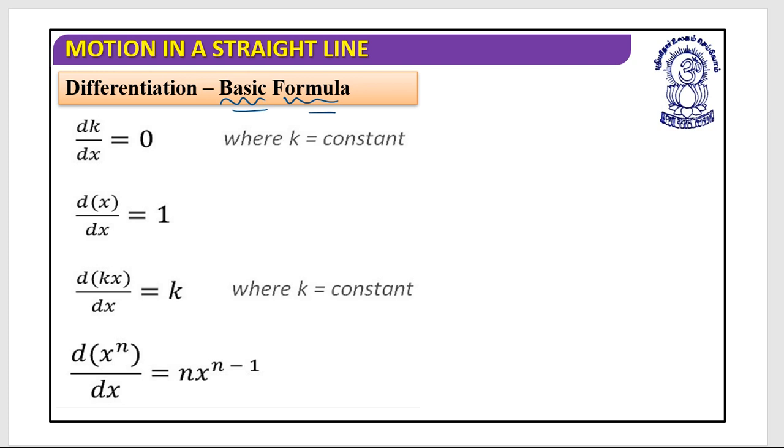Let's say if any constant is there, then differentiation of any constant would be 0. This is d by dx of k, where k is a constant, so the answer would be 0. Now d by dx of x to the power n: when I apply differentiation on this, the answer would be n into x to the power n minus 1.